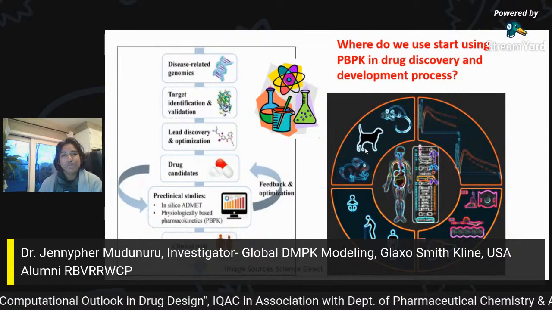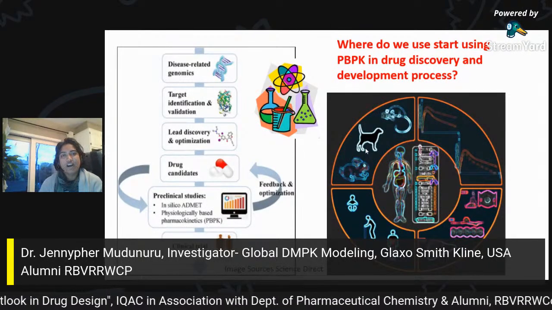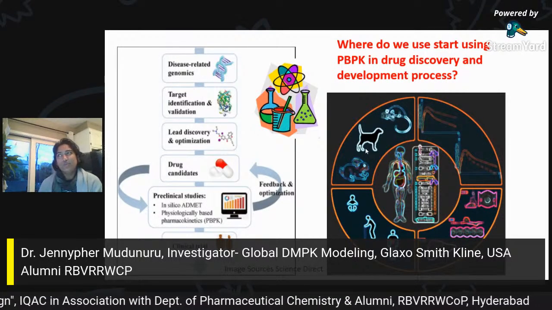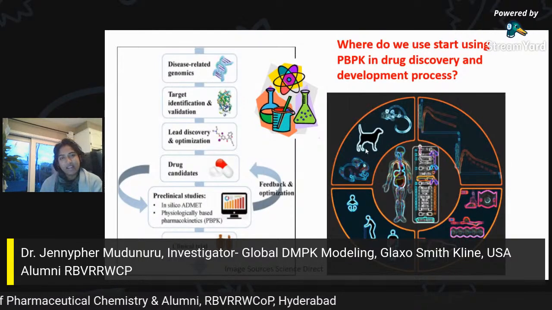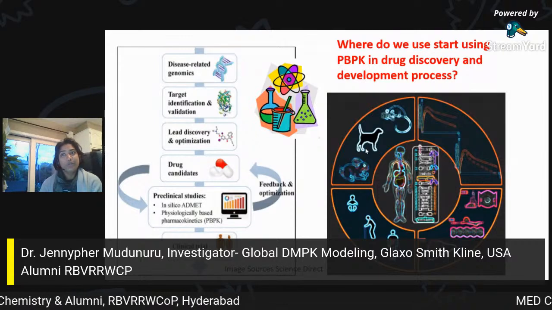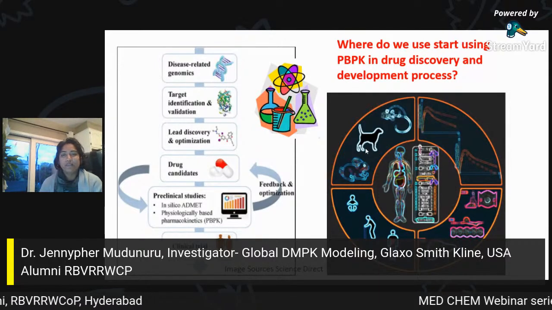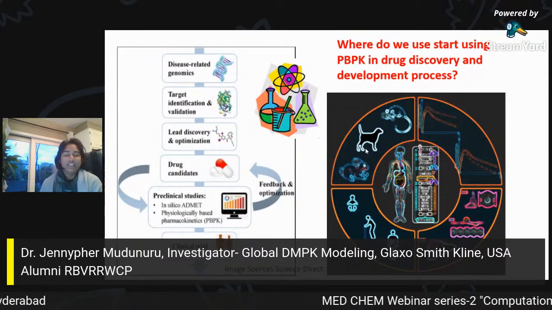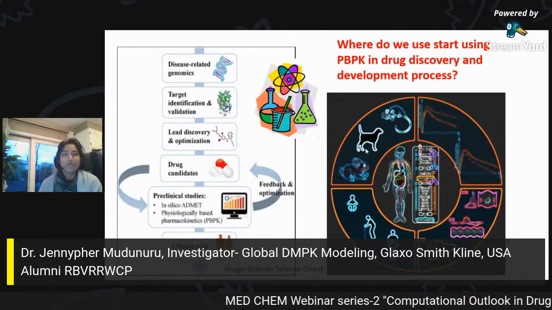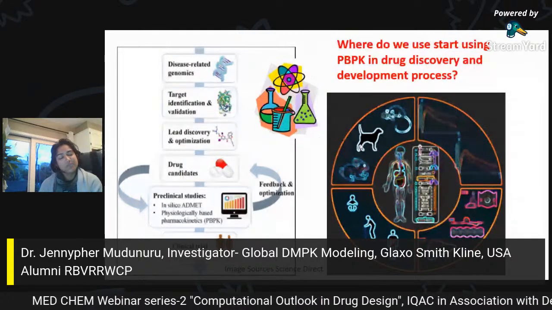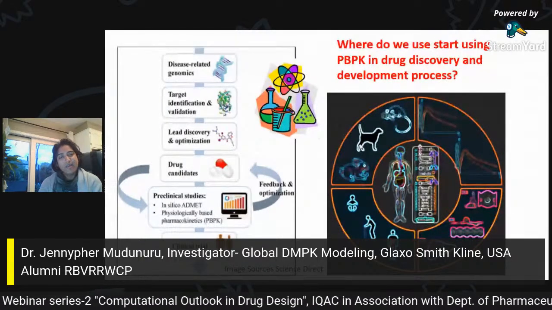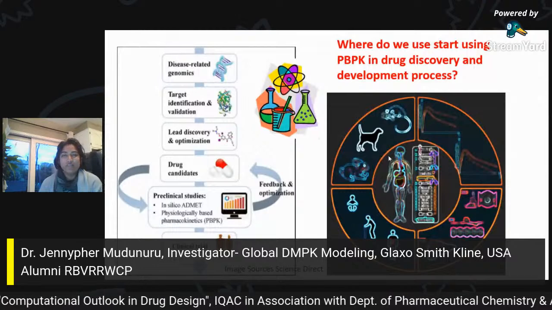We try to choose the species which are relevant to the targets that we are engaging. We want at least some similarity to the human in terms of target engagement, because if your targets are really different across species, you might not see a translation from the preclinical species to the clinical species in human.